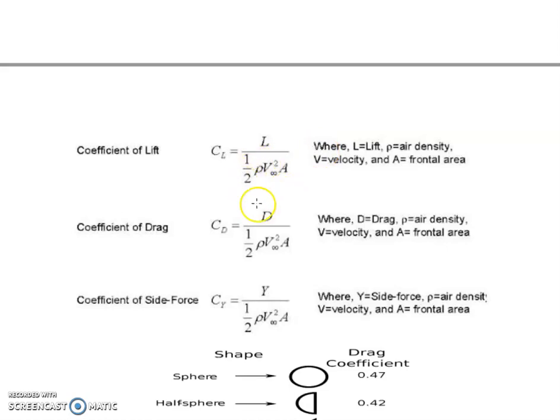The other one is similar. Coefficient of side force CY equals Y by half of rho V square A, where Y is the side force. So these are the equations of coefficient of drag, coefficient of lift, and coefficient of side force.